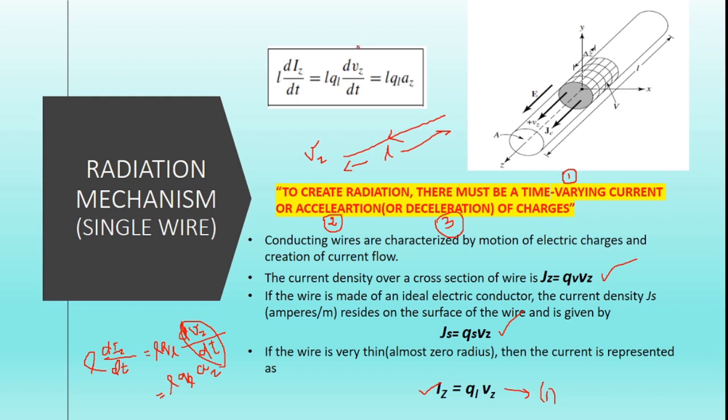That is how we arrive at this particular equation. Whatever conclusion we apply to this equation of zero radius, the same conclusion applies to all other equations also. So this first condition we have established here: there must be a time varying current. So diz by dt represents the variation of current with respect to time.